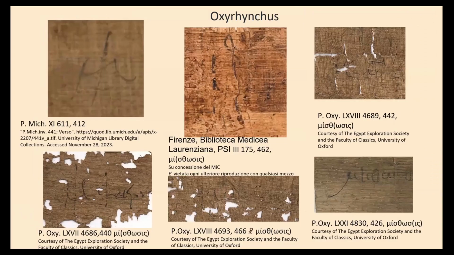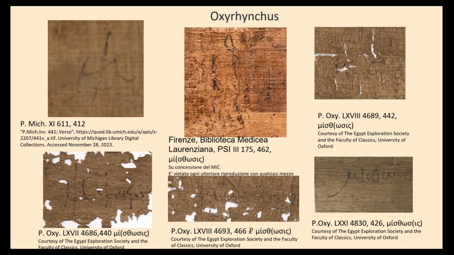In Oxyrhynchos, we have only 3 documents with such monogram abbreviation, all dated to the 5th century, and the last attested document is from 462. This form coexists with other ways to abbreviate Misthosis, so longer ways like Mist or Misthos. And sometimes the word was written in its entirety.